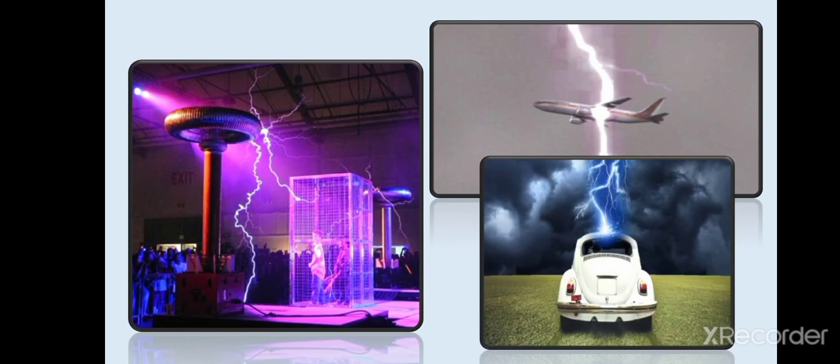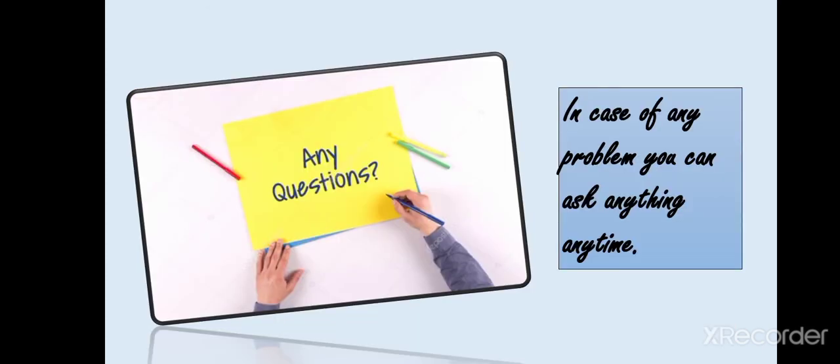You are safe inside the car whenever there is a lightning bolt, and the electric elevators in tall buildings also act as Faraday cages to prevent the outer electric fields from harming the inner materials.